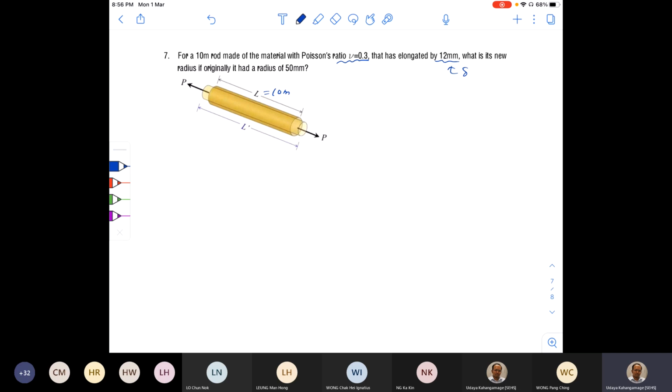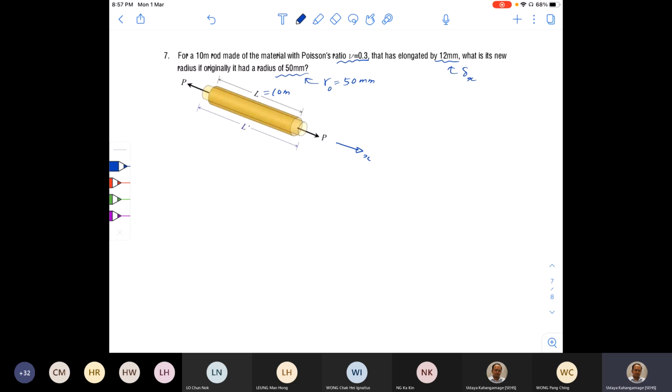If I mark this direction as x, this is delta x. What is its new radius if originally it had a radius of 50 millimeters? So this is the original radius, let me mark it as R O, 50 millimeters. Can you understand what is going on here?